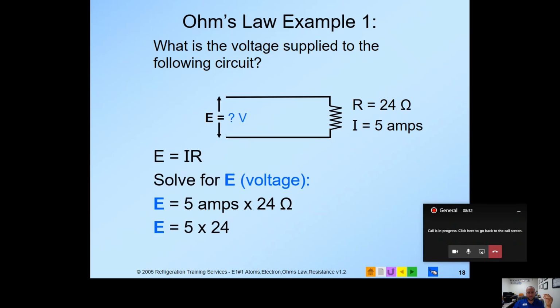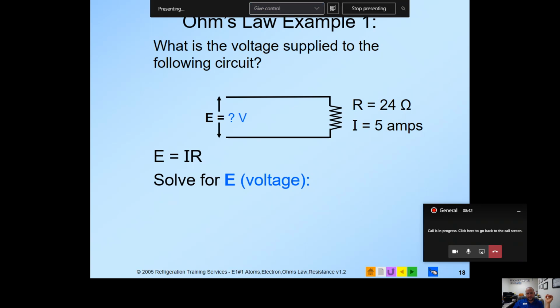All right, so here's the first example. I'll give you a second to look at this. All right, so what is the voltage supplied to the following circuit? Because all these are related, if I know these two values, I can find the other values. So I know that the resistance of this particular resistor or heater or whatever it may be is 24 ohms.